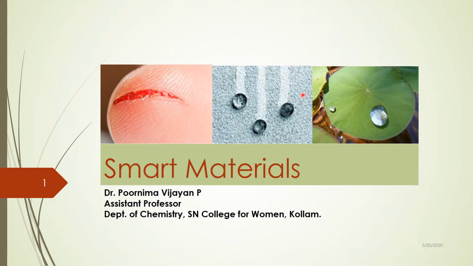Here, the material scientist is just mimicking our nature. This type of self-cleaning materials are used to make smart textiles which we do not need to clean frequently. We do not need to use soaps or detergents for washing such clothes and textiles.